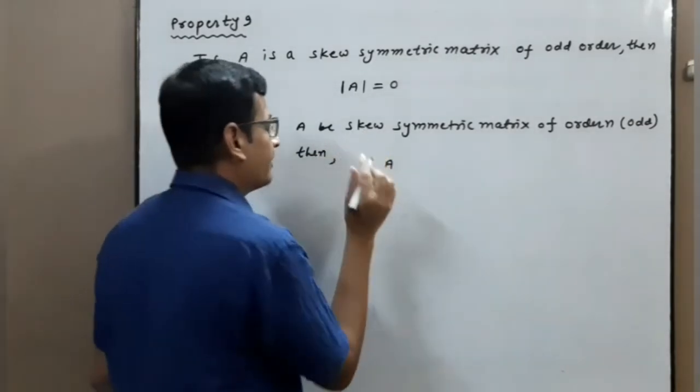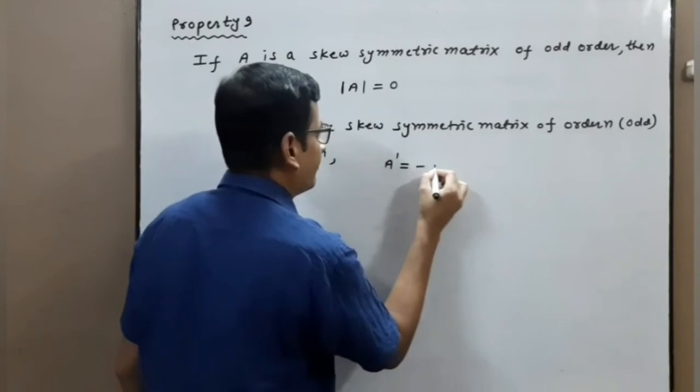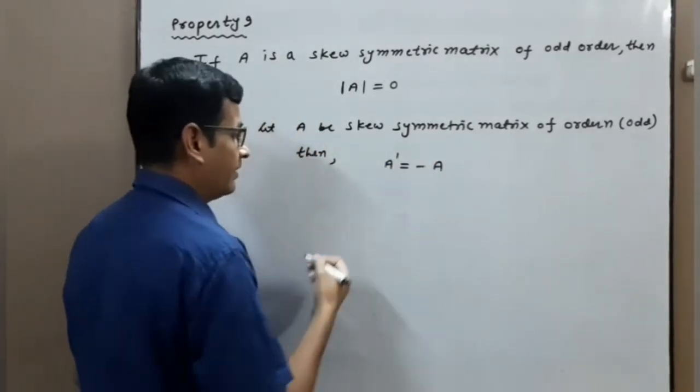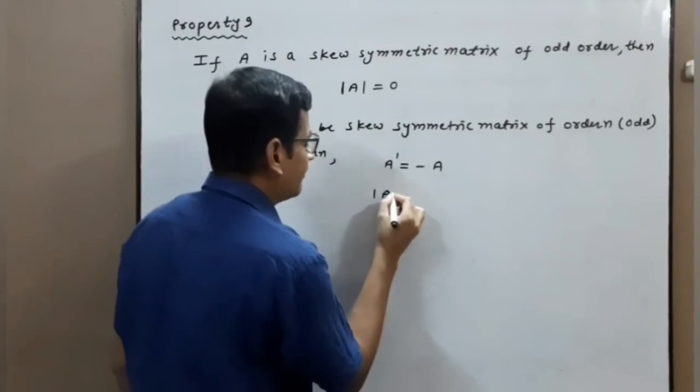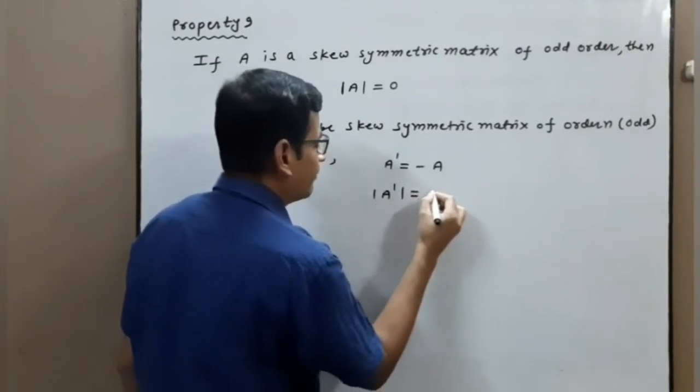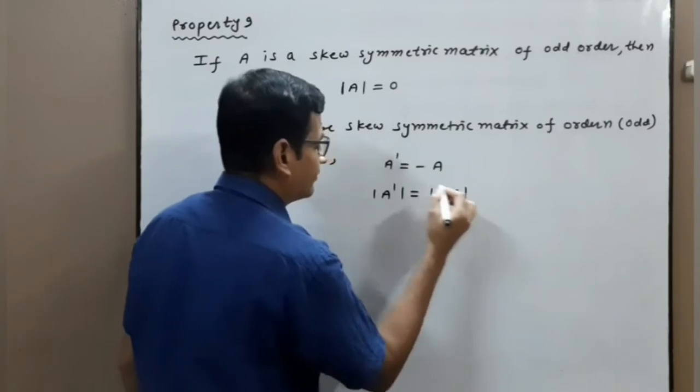If A is a skew symmetric matrix, it means the transpose of A equals minus A. If two matrices are equal, then their determinants are also equal. So the determinant of A dash equals the determinant of minus A.